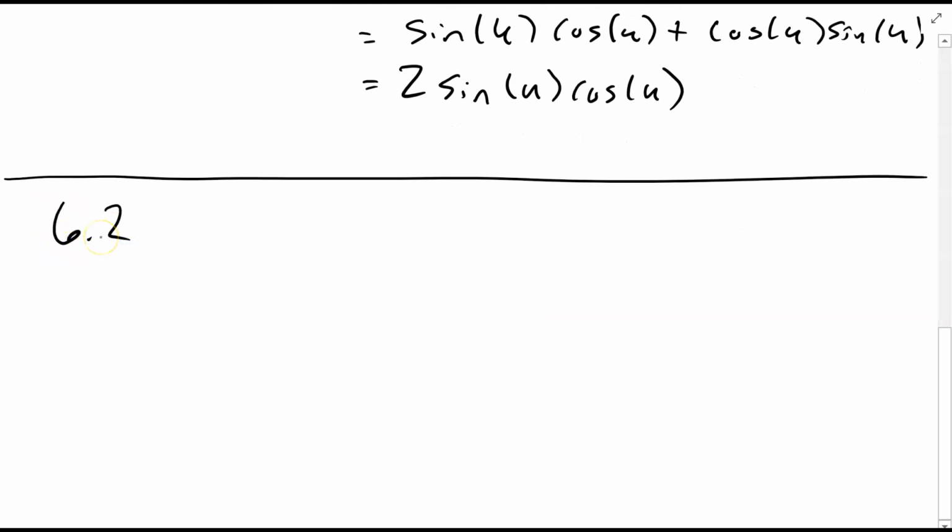In 6.2, we look at the power reducing identities.